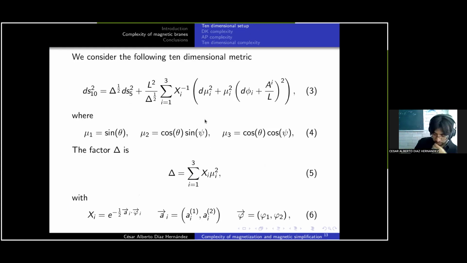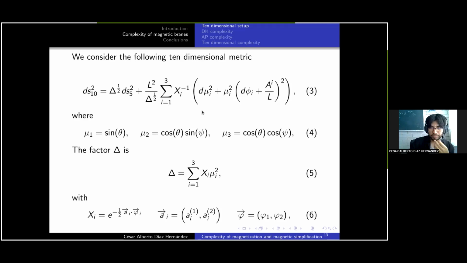Okay, so we can start from a general 10-dimensional metric given by this line element in 10 dimensions, where we have here a line element in 5 dimensions. This usually will be a line element relating to the anti-de Sitter 5.